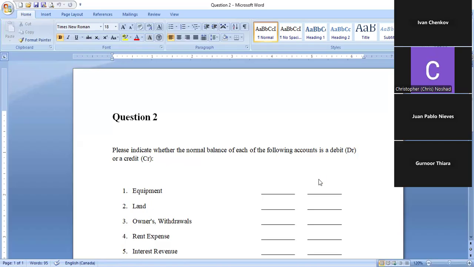On the credit side, it increases the owner's capital, but the withdrawal is something that naturally decreases the capital. That is correct. The withdrawal decreases owner's capital. So for that reason, normal balance is debit.